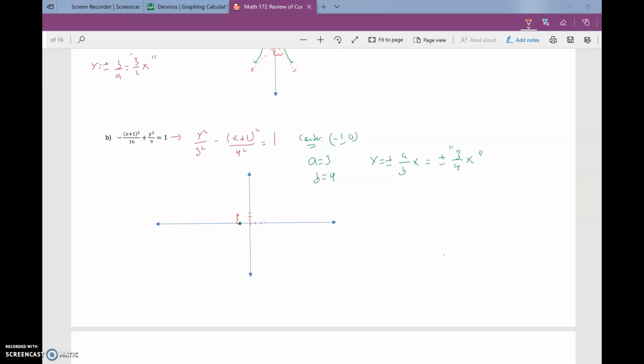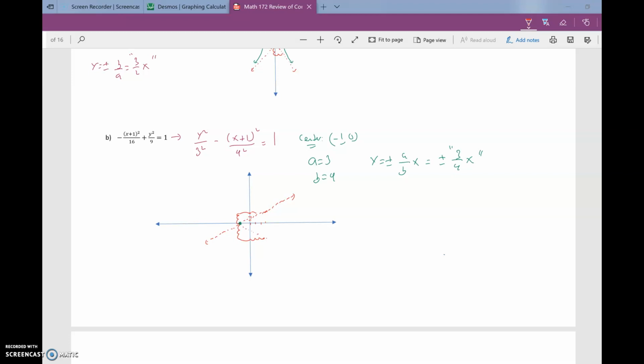So this is going to be the other point of the hyperbola, not to scale. Then 3 units down, 1, 2, 3. And then technically 1, 2, 3, 4.